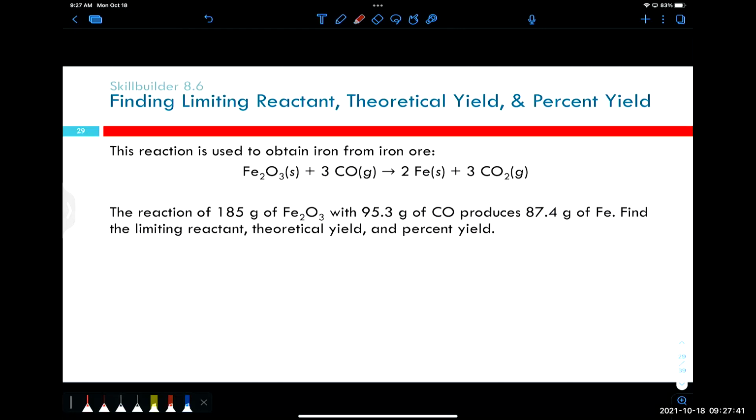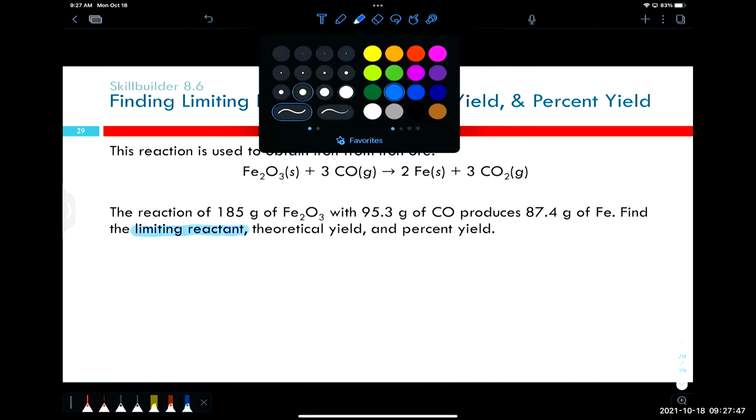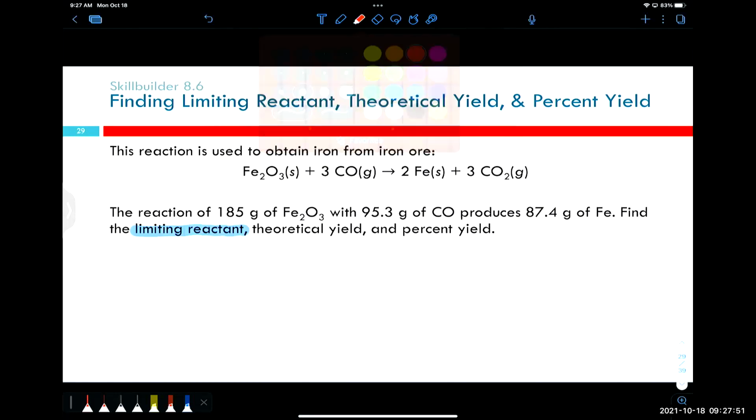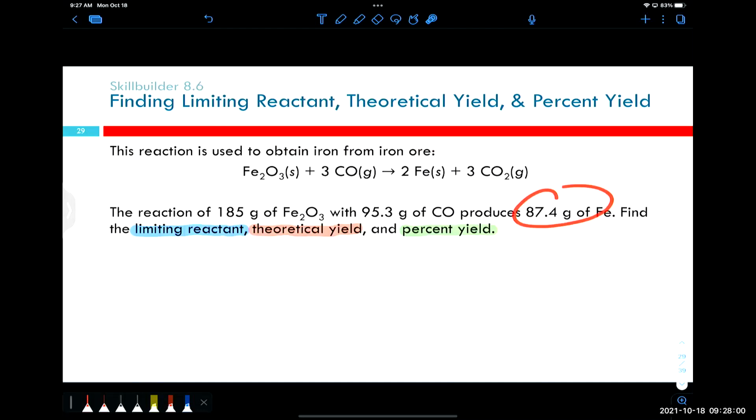So one of the key things, let me highlight these: limiting reactant, theoretical yield, and percent yield. You might look at this and say, we've already been told it produces 87.4 grams of iron, but that is going to be our actual yield. There's a reason this is a theoretical yield.